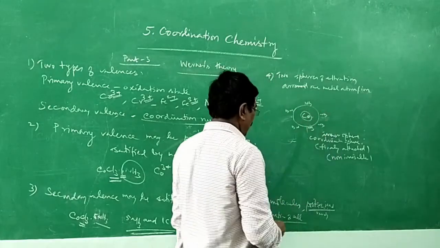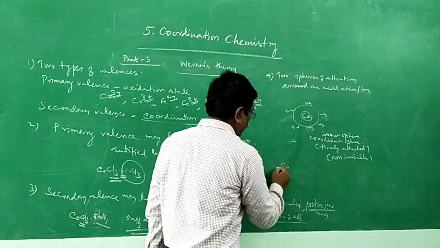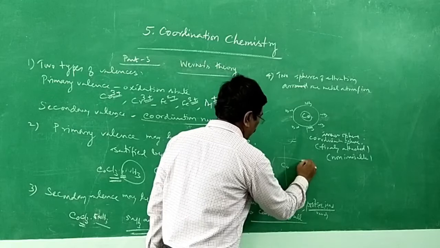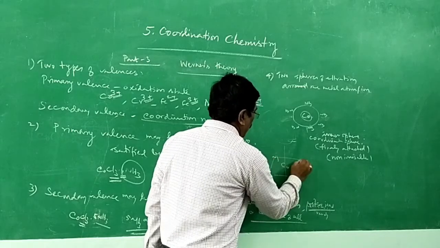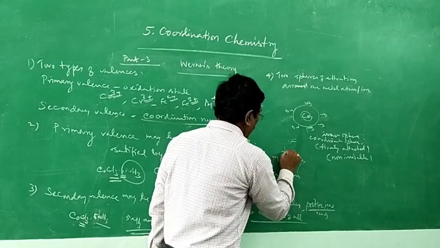Usually it is an octahedral shape. If I draw cobalt, the shape will go like this: ammonia, ammonia, ammonia, ammonia, ammonia, ammonia.